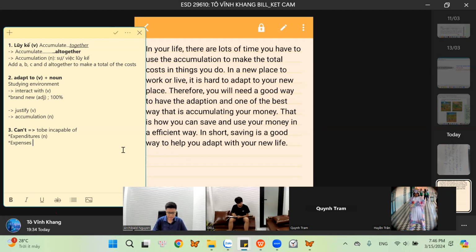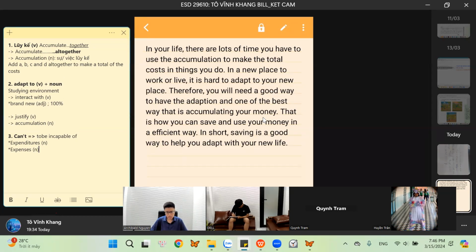Expenditure, plural now, and this is plural now too. Expenses means money spent, money that you have spent on things. Because when you use the word money, people will think of Vietnam dong, or dollars, or Chinese money, or Indian money. Money doesn't mean the costs or the amount that you want to mention.